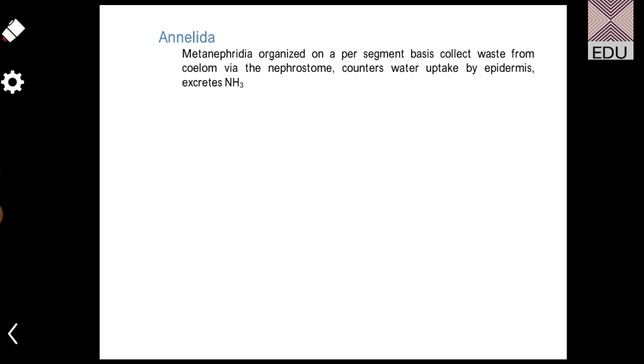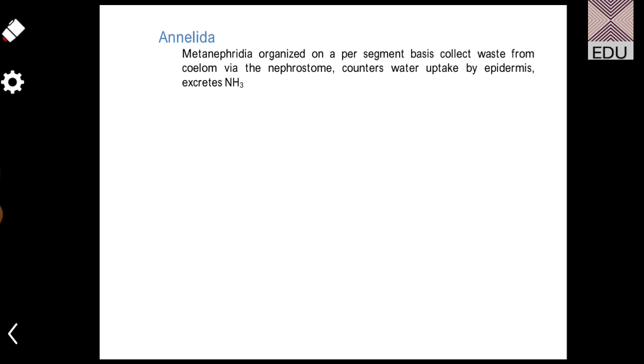See, a protonephridium has a flame cell or a solenocyte. Flame cells had many cilia. A solenocyte has a single flagellum inside it. If you have a flame cell or a solenocyte over a nephridium, it is a protonephridium.